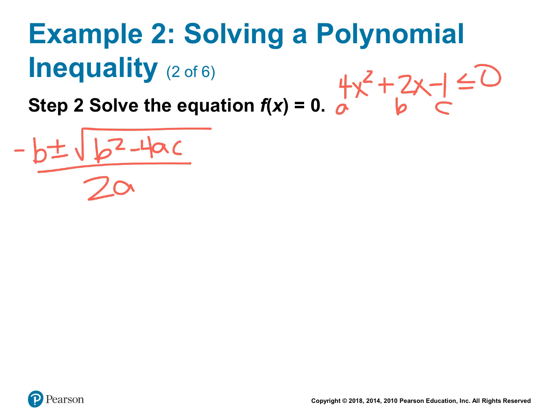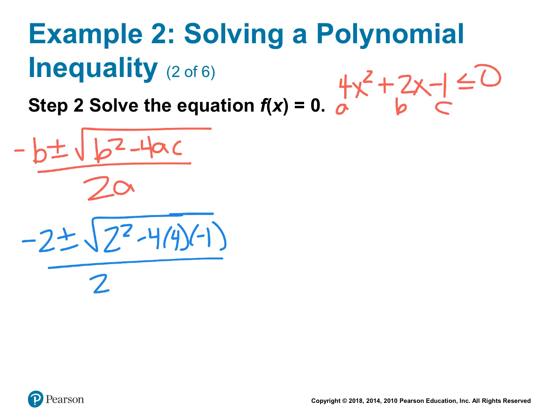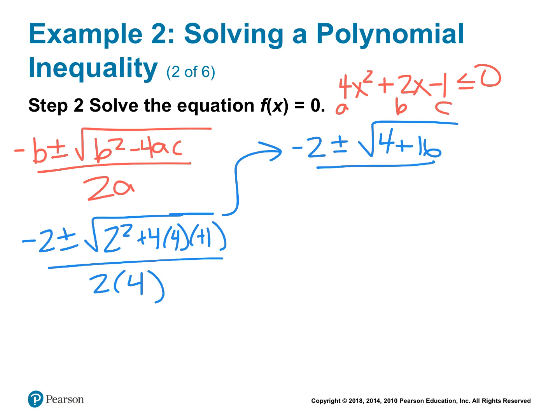So I'd have negative 2 plus or minus 2 squared minus 4 times negative 1, all over 2 times 4. So negative 2 plus or minus the square root of 4, double negative here, plus 16 over 8.